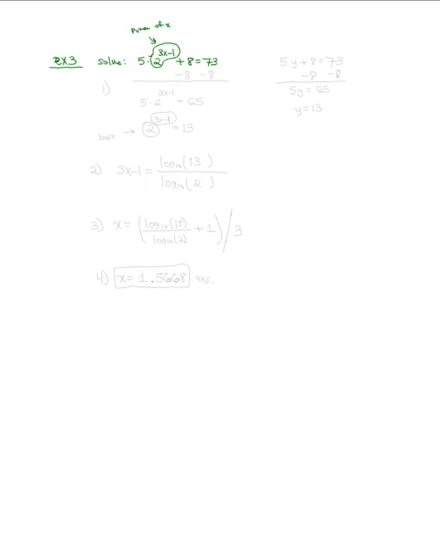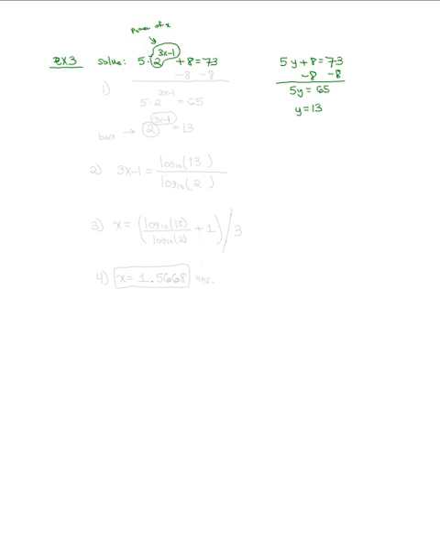In fact, it kind of reminds you, if you know how to solve 5y plus 8 equals 73, this equation here is related to that because the y here represents our power of x. So in a beginning algebra problem, if you have 5y plus 8 equals 73, you subtract 8 from both sides and you get 5y equals 65. Then you divide both sides by 5, and you get y is equal to 13.